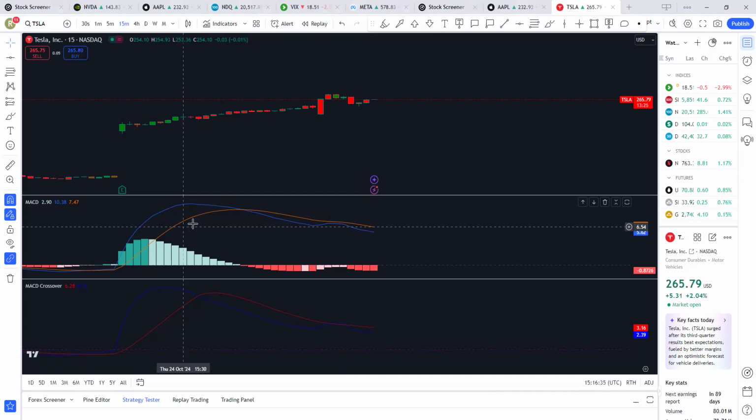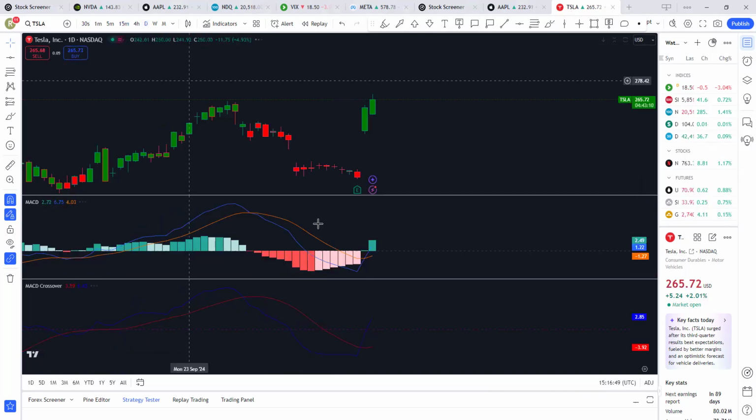So therefore, whenever the MACD line crosses over the signal line, it's bullish. That means the stock's going up. As you can see there, let me change it, put it in 1 day for you so you can see it better. So the blue line, which is the MACD line, is bullish now.